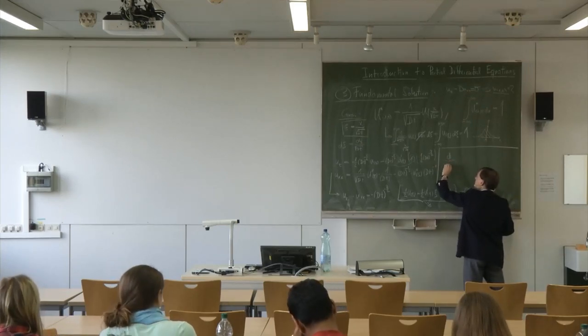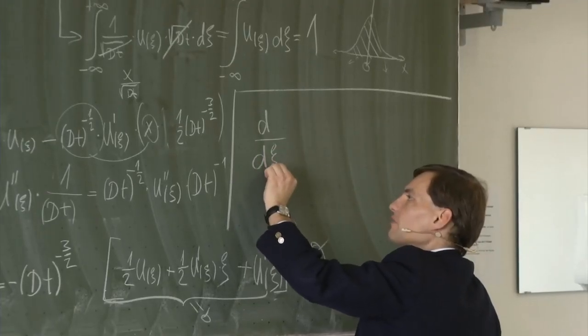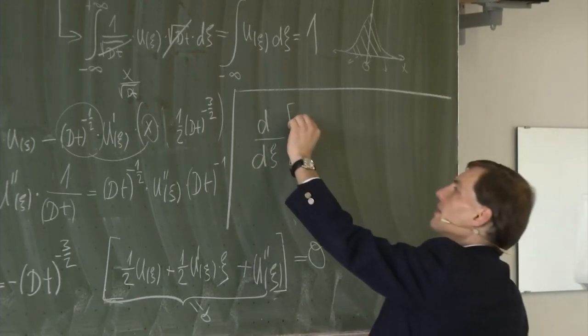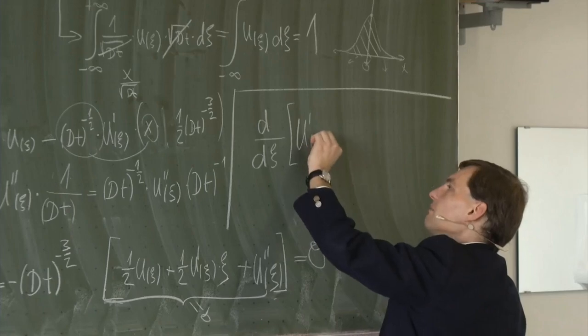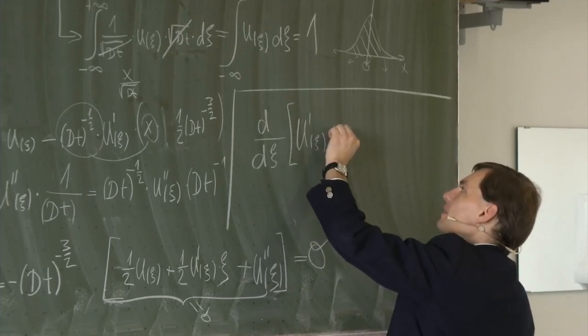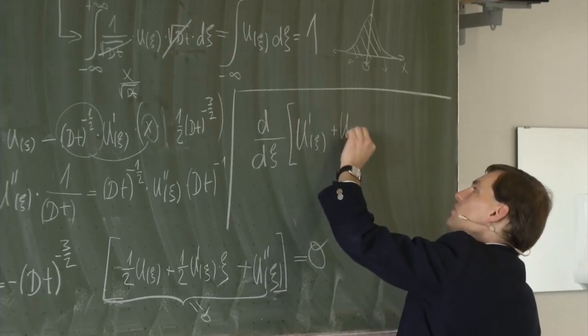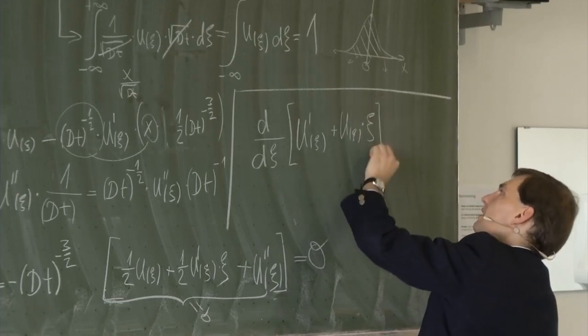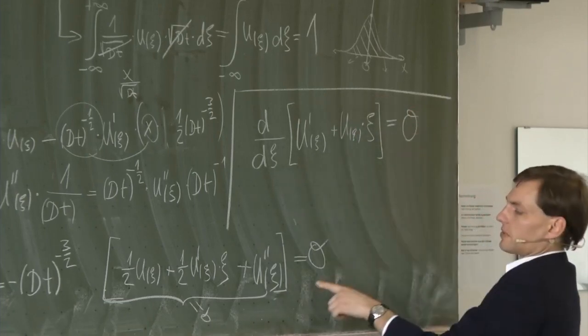This is the first derivative in respect of xi of a function u prime of xi plus u xi times xi equals 0, right?